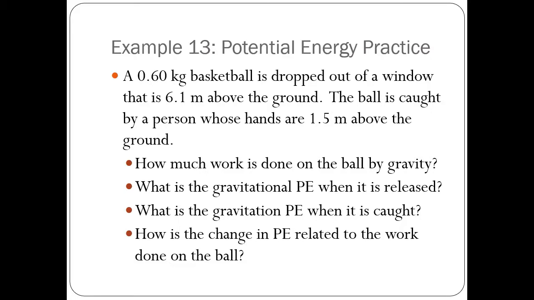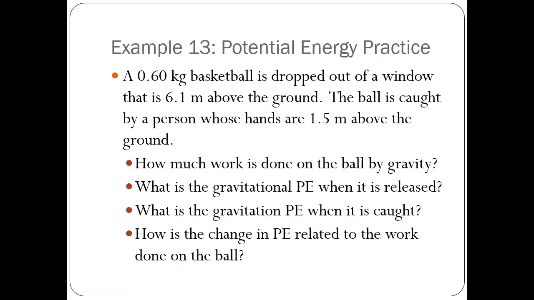Well, let's just say mgh is our formula. And we're going to use the 0 to be the ground level, so that's going to be 6.1 is our height, and m is 0.6 and g is 10. And so that gives me 36.6 joules of potential energy initially.